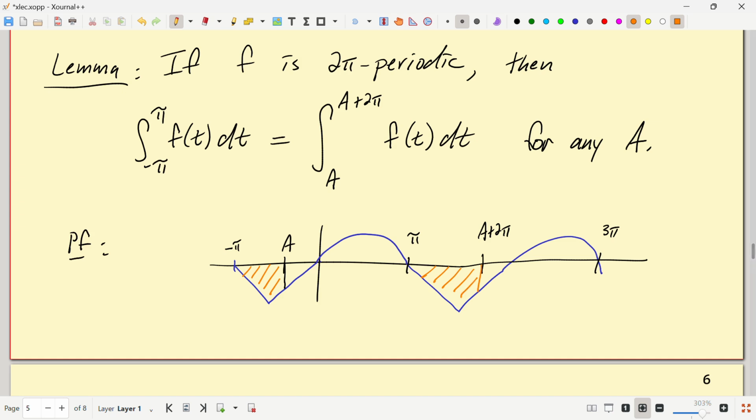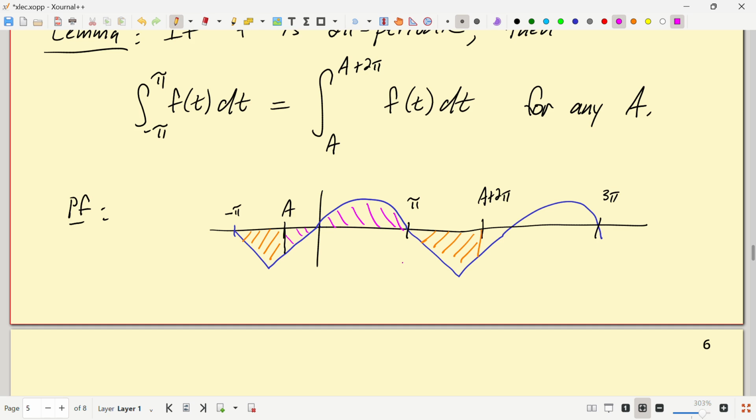And then I would have this little bit of area like that. Yeah, sure, I see it now. All I do is shift that little piece of orange area over to the right and toss it in, and I get the same amount of area. Signed area, of course. So the orange stuff is equal to the orange stuff, and I just moved it. You can write a formal proof of that using the change of variables formula, but that's the idea. So that's easy.